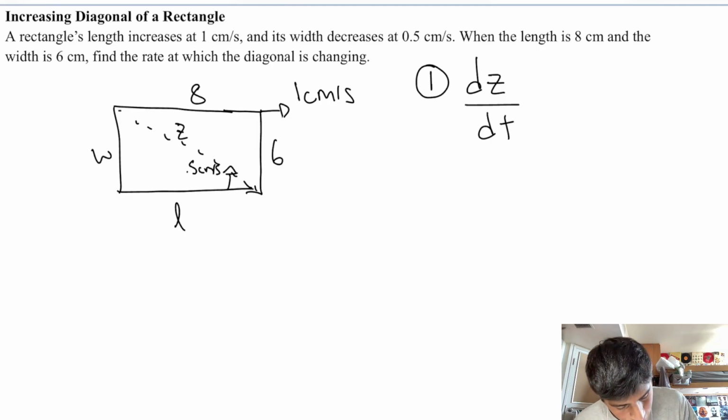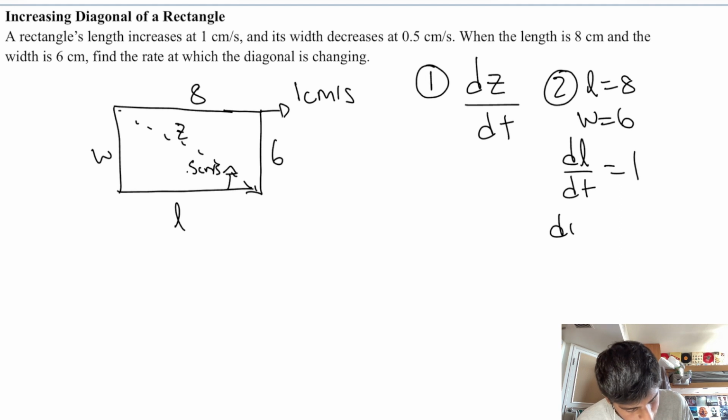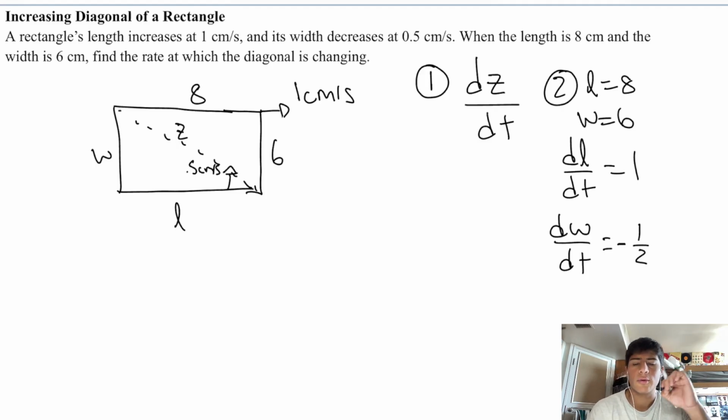Okay, 2. What do we know? L equals 8, W equals 6, dl over dt equals 1, because it's increasing by 1, dw over dt equals negative 1 over 2. And why is it negative? Well, because w is getting smaller, and when something gets smaller, the derivative is negative.